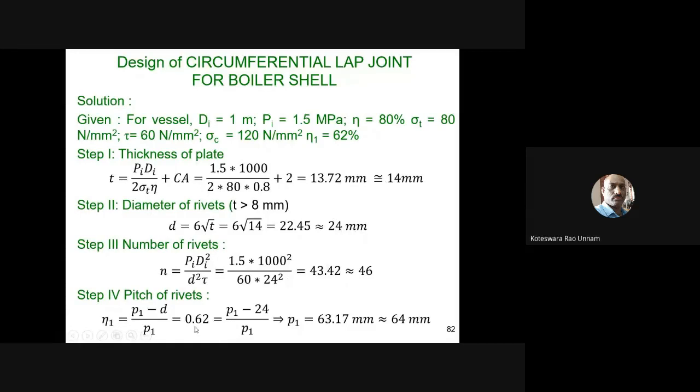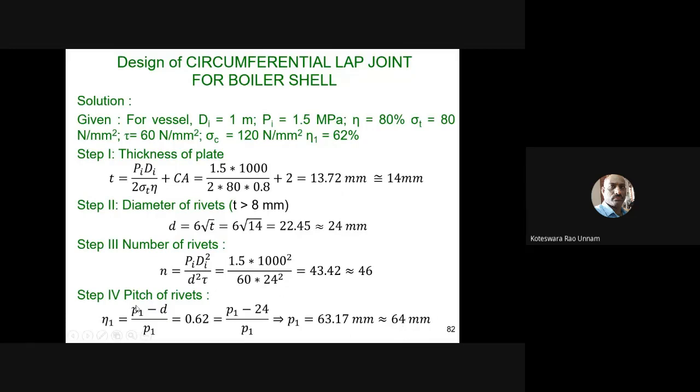The required efficiency for this circumferential joint is given as 0.62. If I solve this equation, I'll get P1 equal to 63.17 mm. I rounded it up to the nearest value, which is 64 mm.